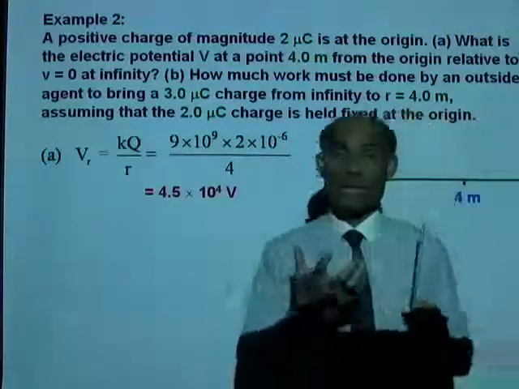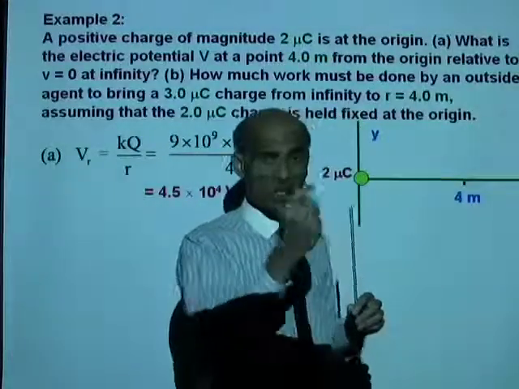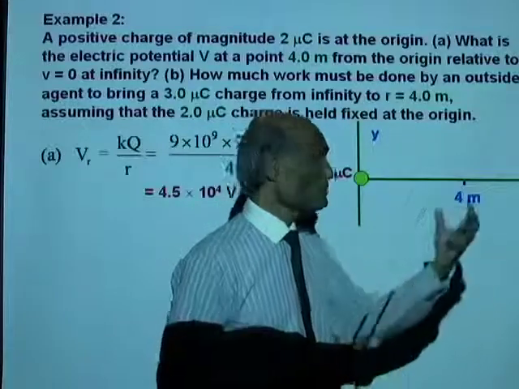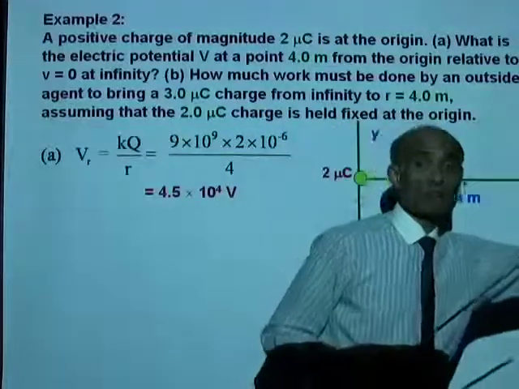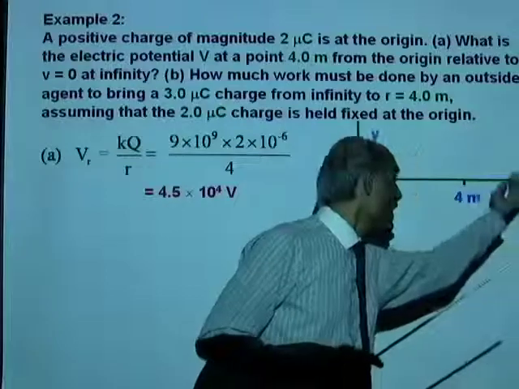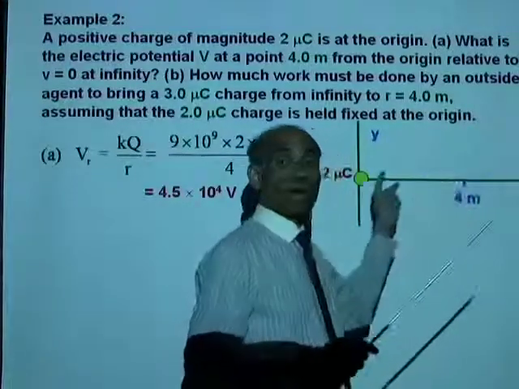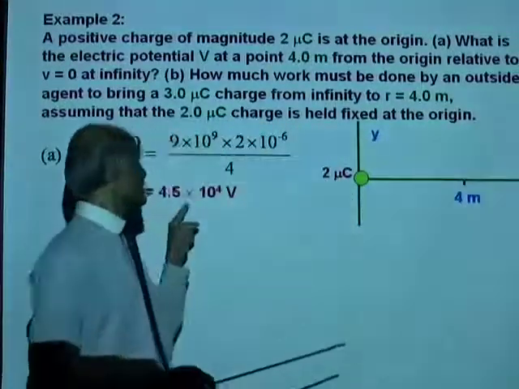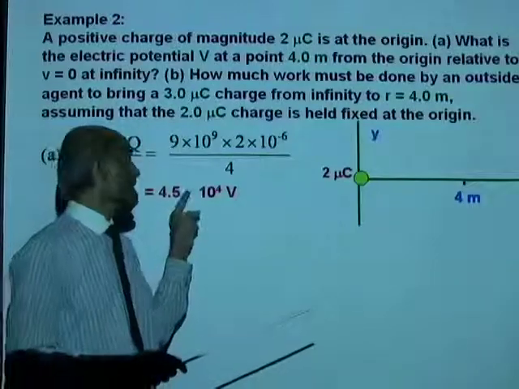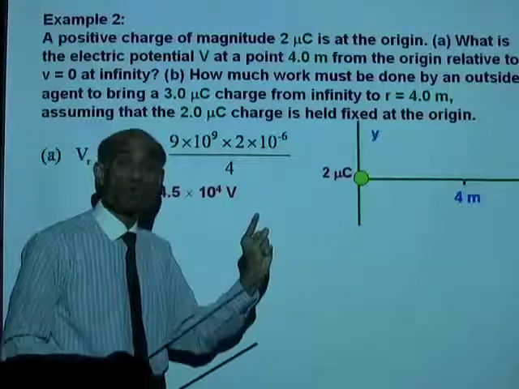If I want to bring a unit charge, how much is a unit charge? 1 coulomb. If I want to bring 1 coulomb of charge from infinity and keep it at this point, I need to do this much amount of work, 4.5 times 10 to the 4 joules of work.